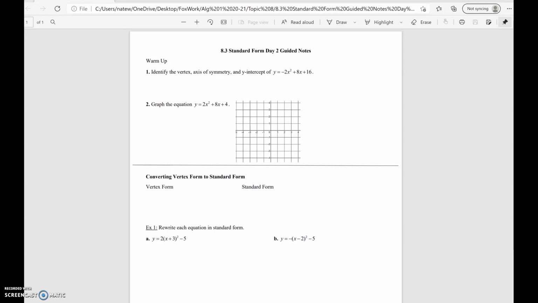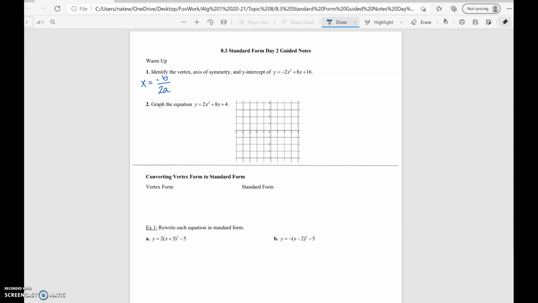All right, let's go ahead and do this one. So we have: identify the vertex, axis of symmetry, and y-intercept of y equals negative 2x squared plus 8x plus 16. So from our notes before, to find the vertex, we have to do negative b over 2a.